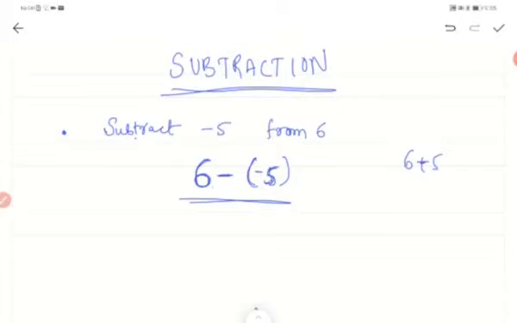Remember, one step you need to do: since it is a common tendency of human beings that if you take it in terms of positive, it becomes easy for us to understand, in order to convert this sign into positive, we are taking the additive inverse of this number. So I have converted it into plus. The additive inverse of minus 5 is plus 5. So this is 6 plus 5, which is nothing but 11, isn't it?